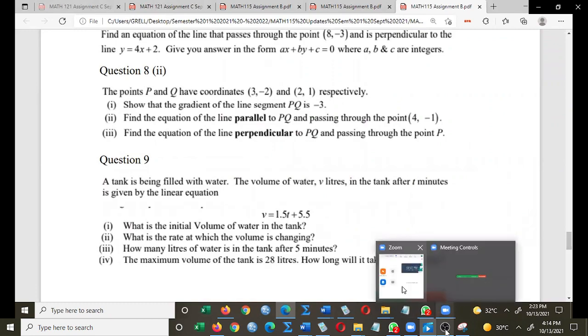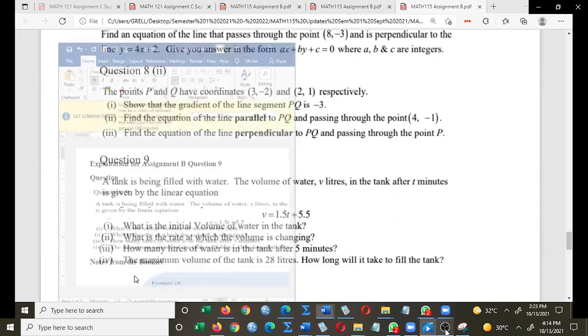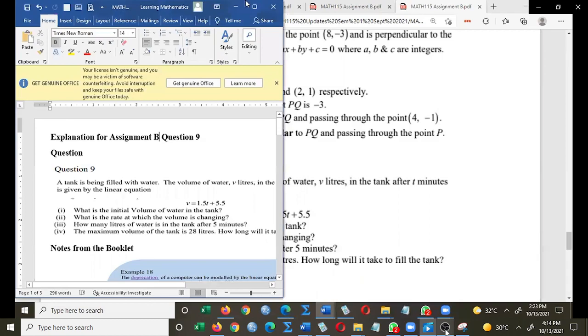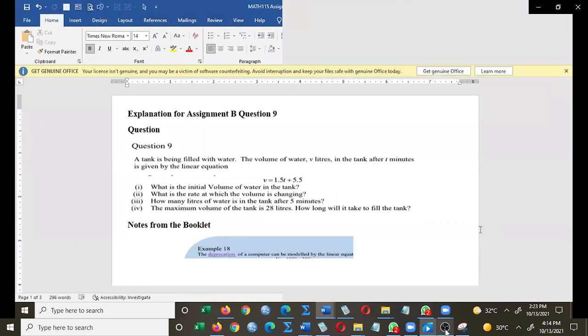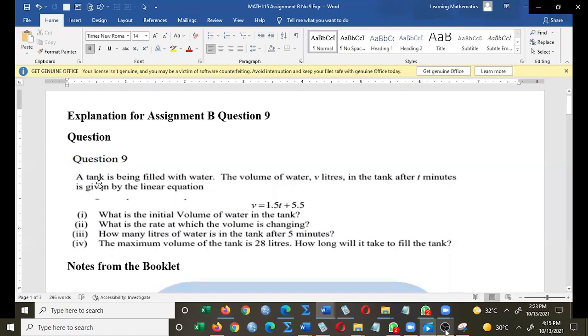So what I did now, I created a template using the explanation with number 9. And here it is. A tank is being filled with water. The volume of water, V liters in the tank, after 10 minutes is given by the linear equation. Once we have a linear equation, we're talking about y is equal to mx plus c.